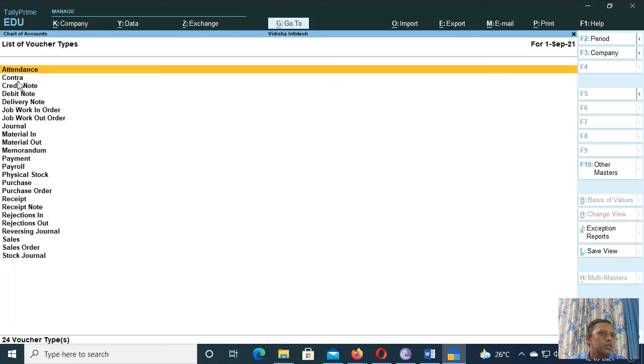Now contra, credit note and debit note, these three vouchers are used by the customer and there are three users. There is the customer, the salesperson through whom we are purchasing, and the dealer. These three persons are involved in credit note and debit note.